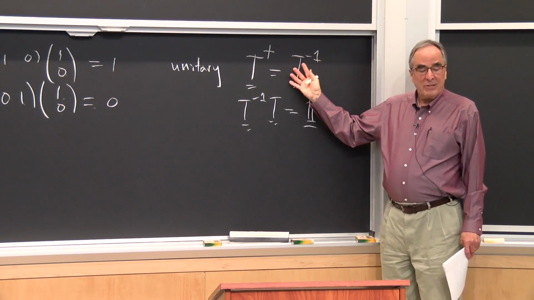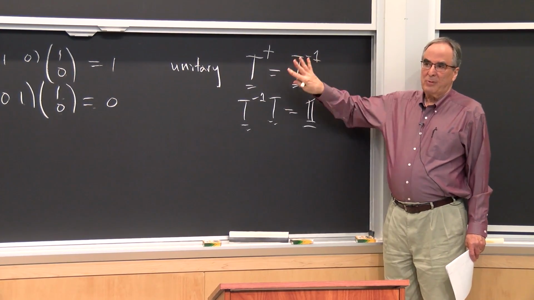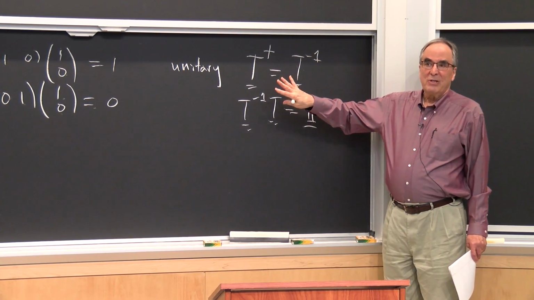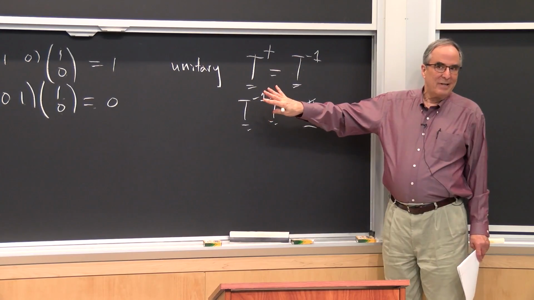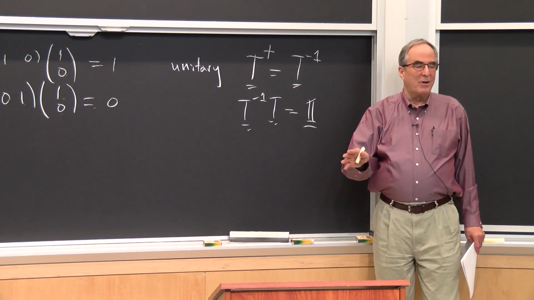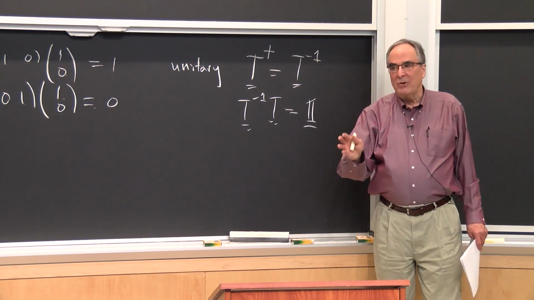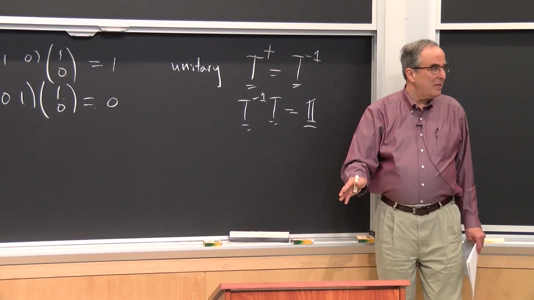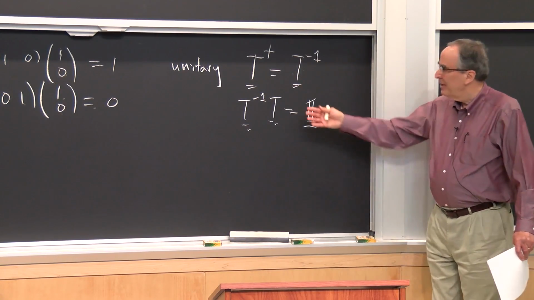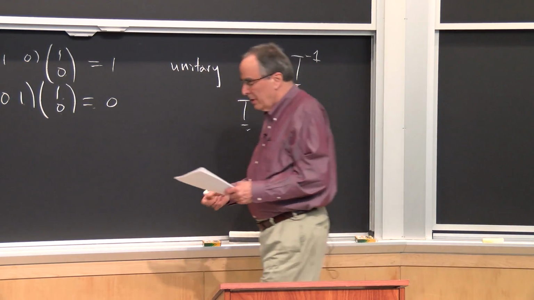And for certain kinds of matrices, this is really easy, because all you do is flip along the main diagonal. There are other matrices where you have to do a lot of work. But whenever you're dealing with matrices, you're not doing the work. The computer is doing the work. You teach the computer how to do matrix operations. And even if it's a hard one, the computer says, okay, here it is.